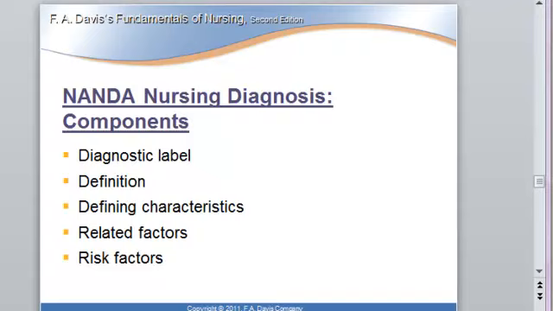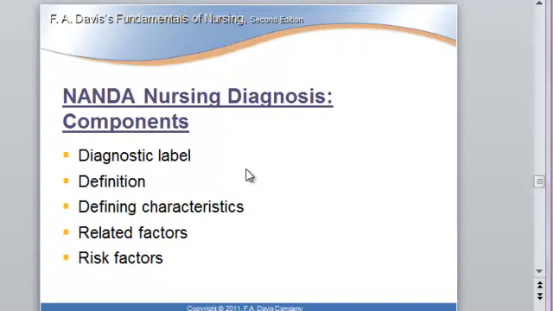Okay, the NANDA stands for the North American Nursing Diagnosis Association, and they have created what they call a taxonomy, a taxonomy of nursing diagnosis labels and the description for those labels to help us as we diagnose our patients in the nursing process.